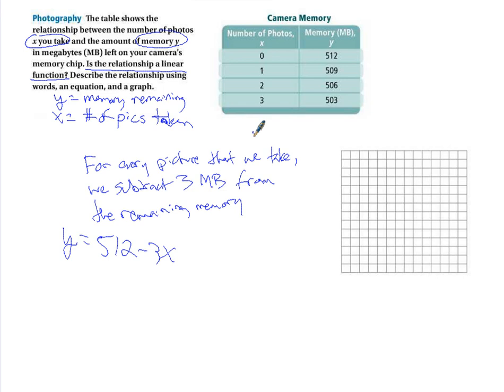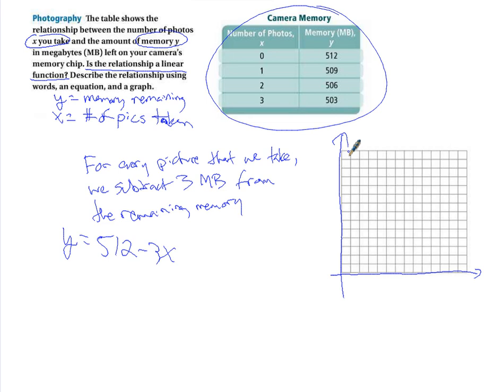Okay, so we have the words, we have the equation. They gave us the table to start with. So all we have to do now is graph it. How do I graph this? Okay, where are my axes going to go? Because there's no negatives. So yes, there are no negatives, so I'm going to put my axes here.